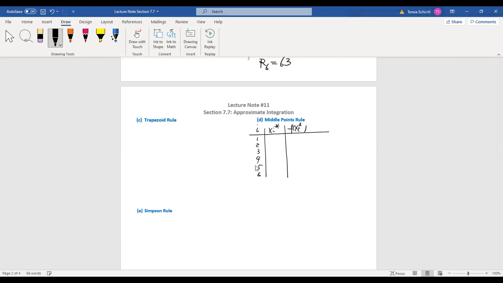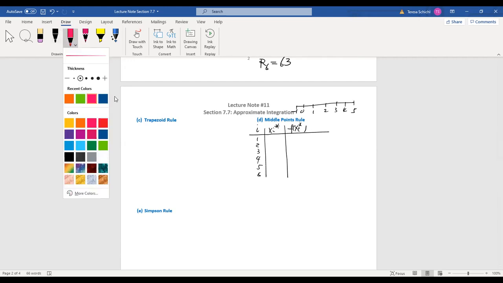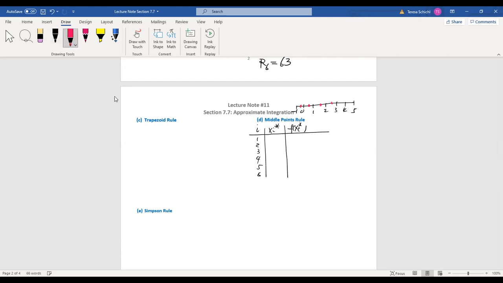The endpoints are -1, 0, 1, 2, 3, 4, 5, so the midpoints will be in between.